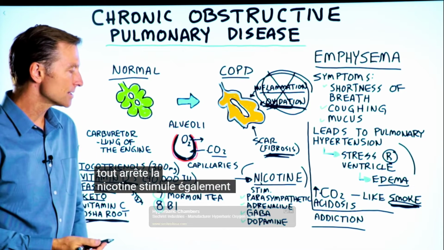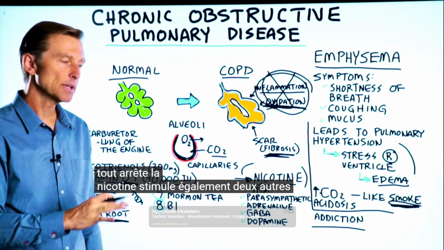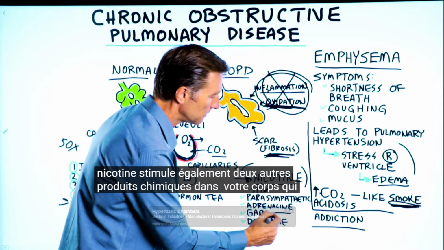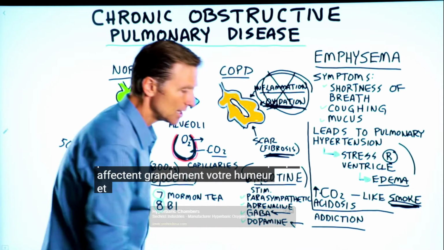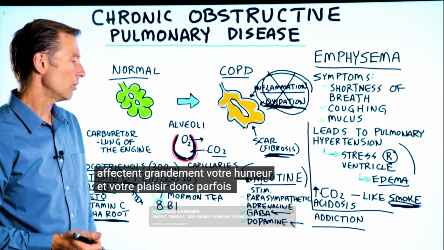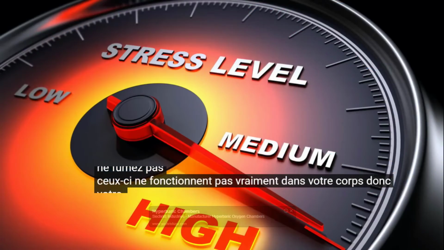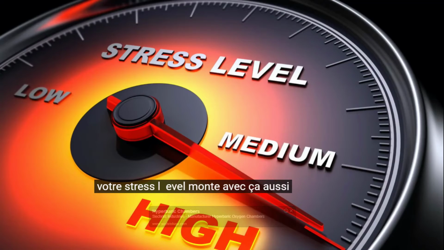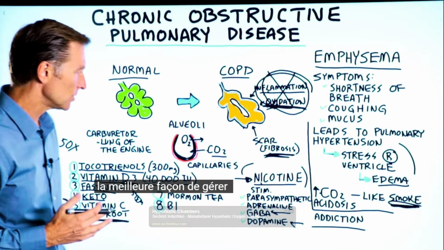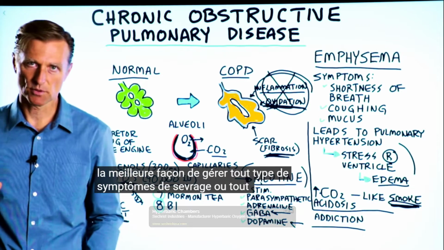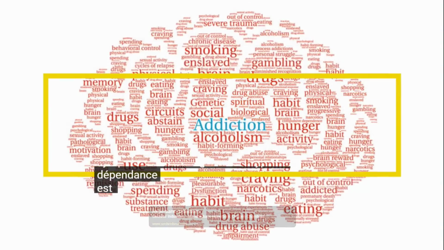Nicotine also stimulates two other chemicals in your body that greatly affect your mood and your pleasure. So sometimes if you don't smoke, these don't really work in your body, so your stress level goes up with that as well.